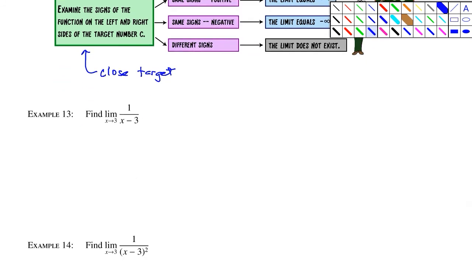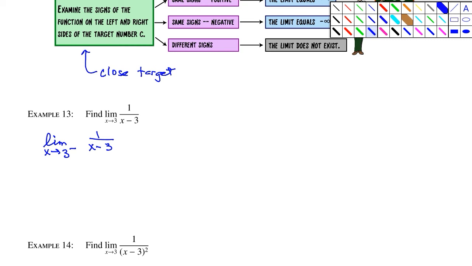Example number 13. Find the limit as x goes to 3 of 1 over x minus 3. So x equals 3 is where there's a 0 in the denominator. So now we want to look at the left side. So basically, we're looking for the limit as x goes to 3 on the left of 1 over x minus 3.